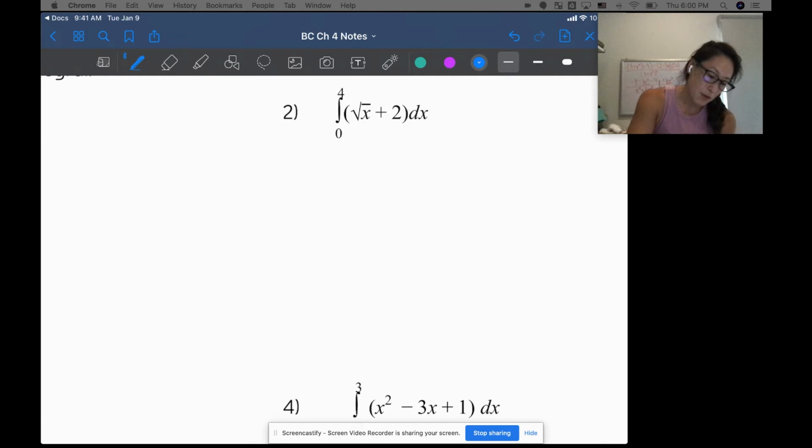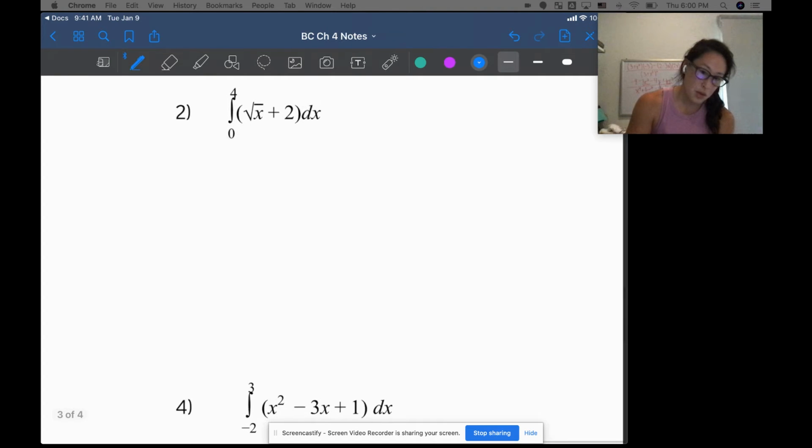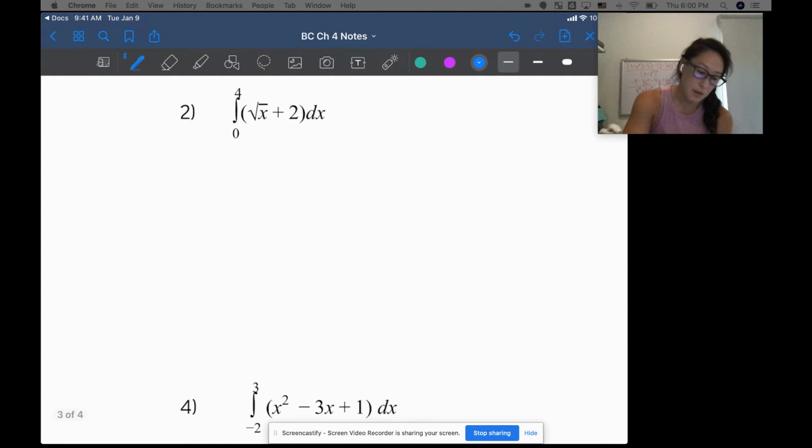Okay, next up. We have the integral from 0 to 4 of the square root of x plus 2. I'm going to take the antiderivative, but first I'm going to rewrite it because I dislike square roots when I integrate or take the derivative. So x to the 1/2.